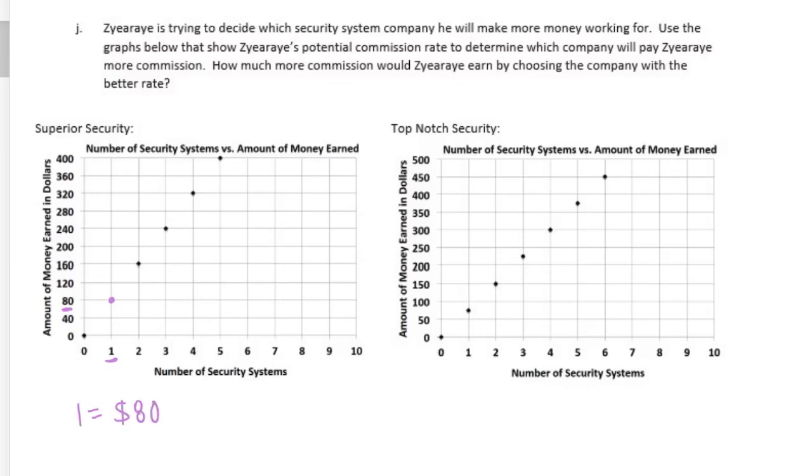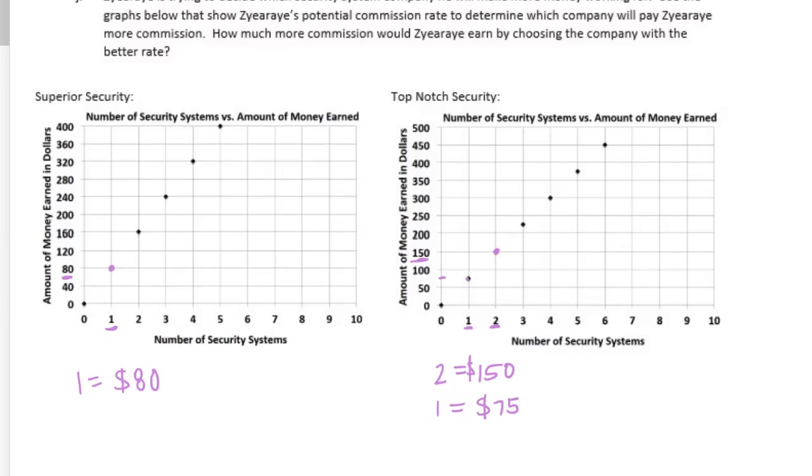So 1 equals $80. Over here, for top-notch security, if you installed 1, it looks like it's in the middle. I'm going to go to 2, though, because I know for sure 2 is at 150. So 1 would be half that. 150 divided by 2 would be $75.